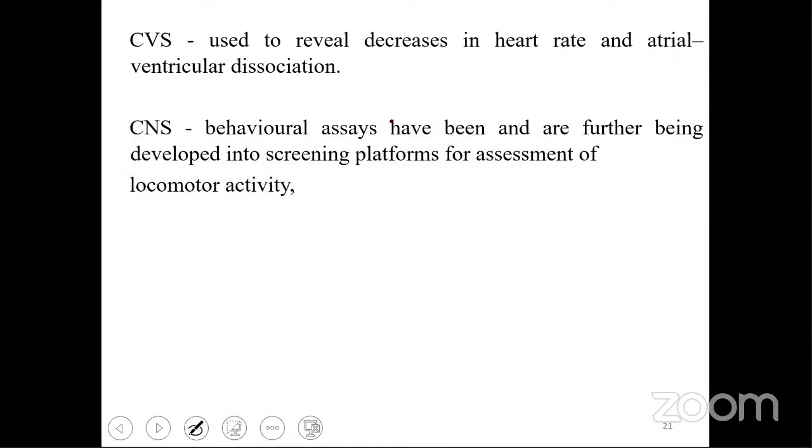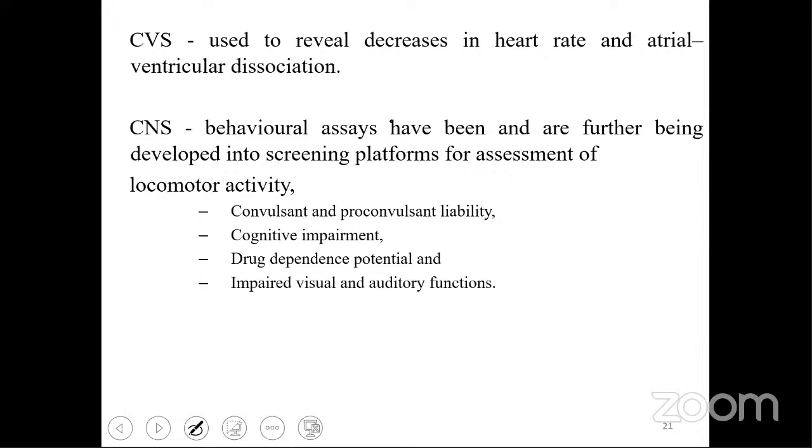In the central nervous system, behavioral assays have been and are further being developed into screening platforms for assessment of locomotor activity, for example convulsant activity, cognitive impairment, drug dependence potency, and impaired visual as well as auditory functions.